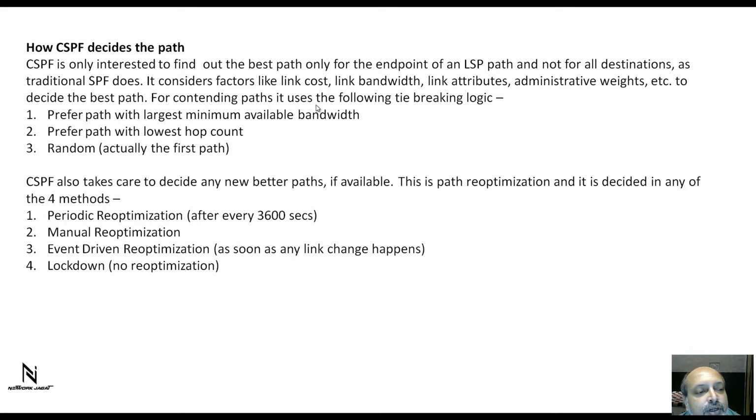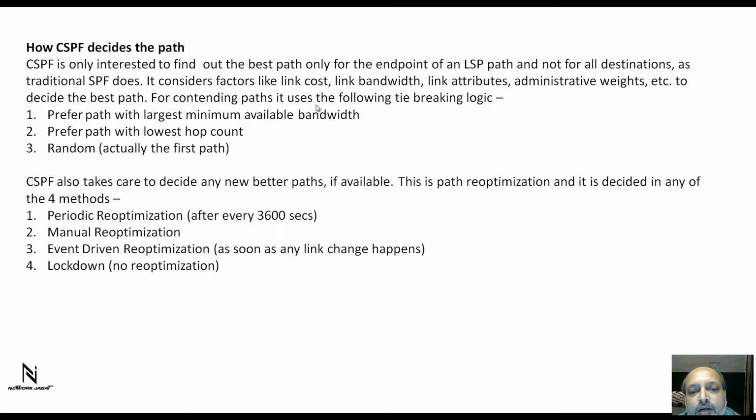So it can be a periodic reoptimization. That means after every 1 hour it scans, right? It does a scan, and if it finds a better path, it will immediately accept it, leaving out the previous not so better path. It can be a manual reoptimization.